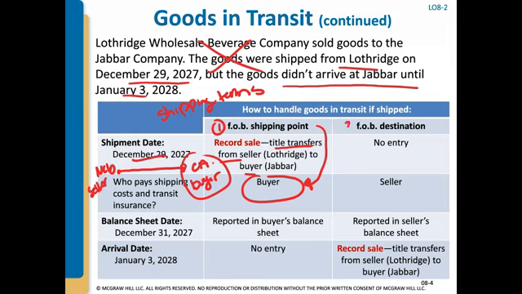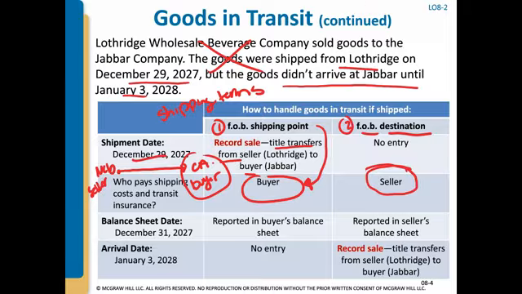The other shipping term is called FOB destination. In that situation, the seller owns it for the entire time that inventory is in transit. So it stays on the seller's books until such time that that inventory gets to the buyer.